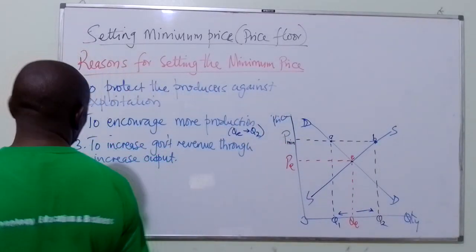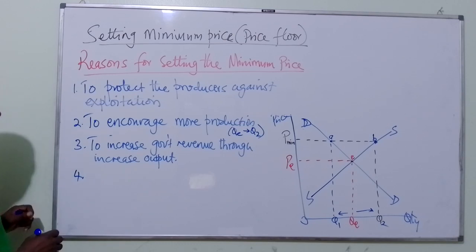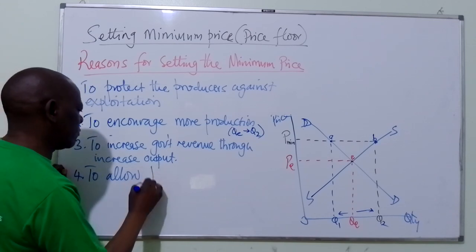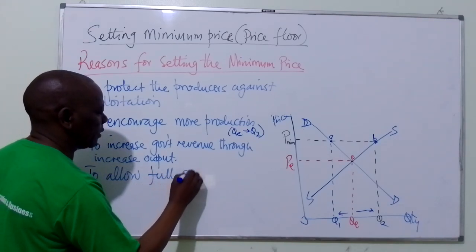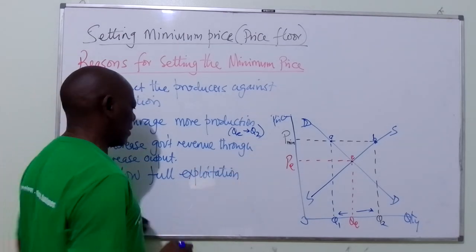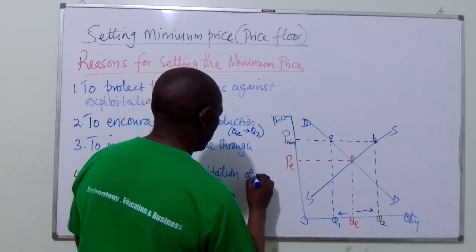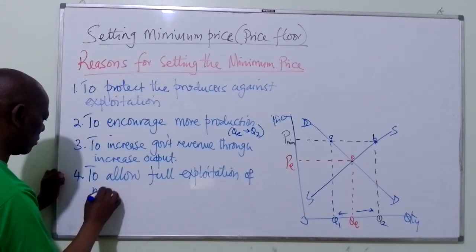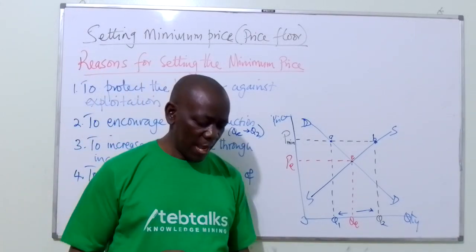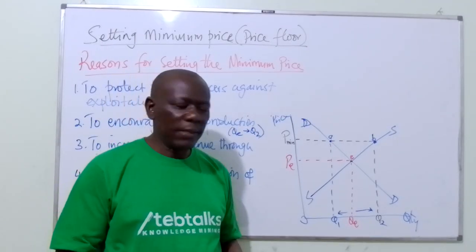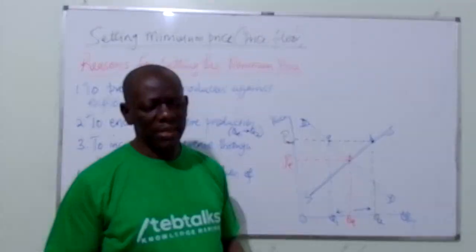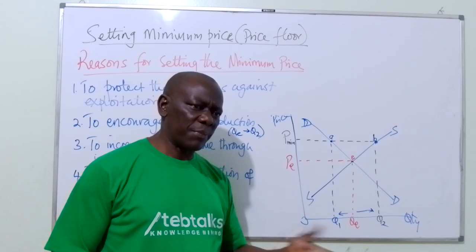And this one also brings in another reason, to allow full exploitation of resources. People have not been producing as they should because the price is low. Someone who has 5 acres of land says, now I can't plant 2 acres because the price is low.